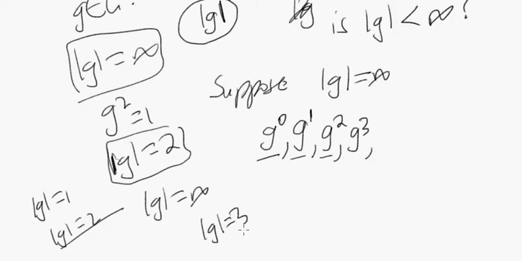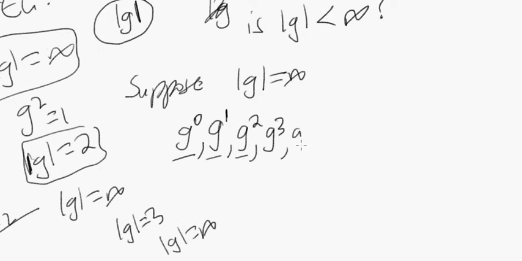Well, if the order of g equals 3, how can the order of g equal infinity? So can g cubed really give us the identity? And how about g to the 4, and so on and so forth?